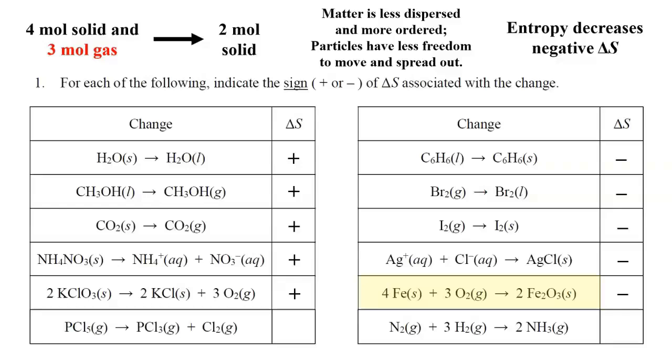Now, for these last 2 examples of chemical reactions, you will notice that as we proceed from the reactants to the products, we're not changing the phase of matter at all. We start with gaseous reactants, and we end with gaseous products. But what we are changing is the total number of moles of gaseous particles.